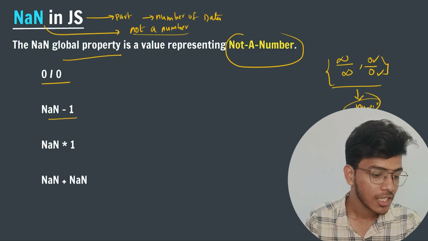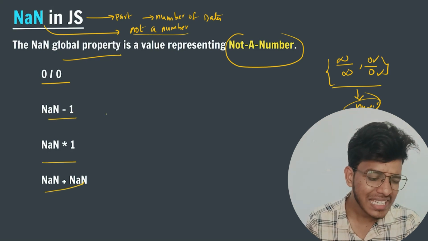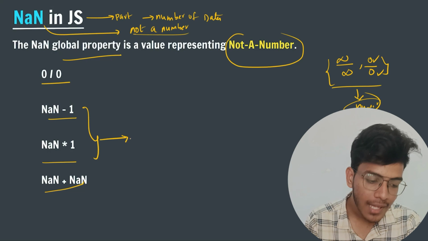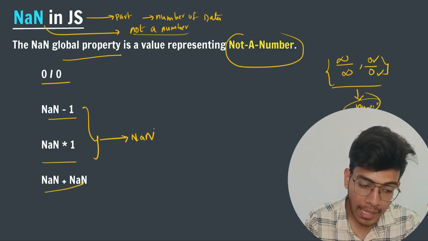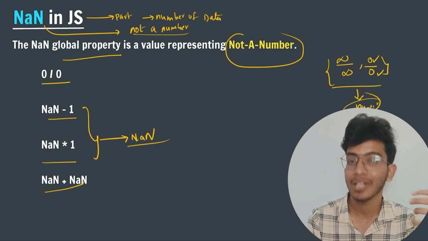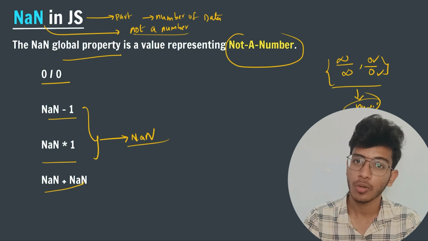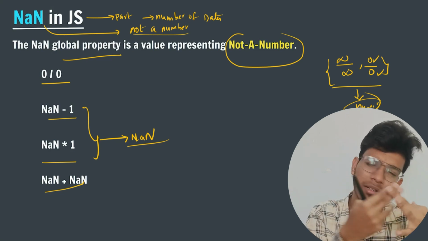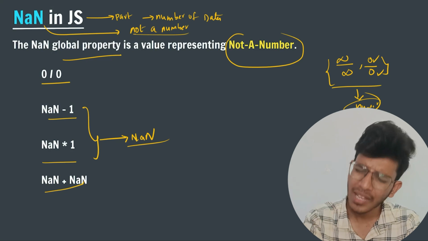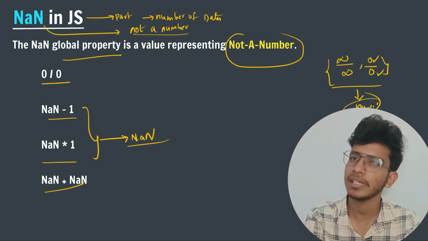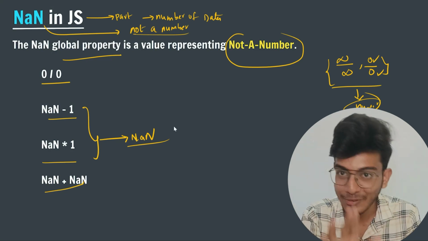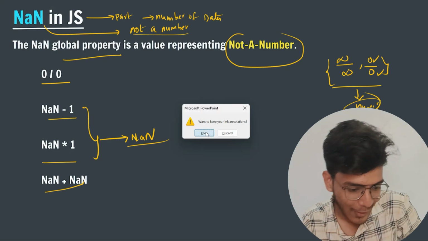Now if you multiply or perform any arithmetic operation, then the resultant would be a NaN itself. Whatever operation you perform, multiply, divide, any arithmetic operation, the resultant thing would be a NaN. Now let us see how it will work in the console.